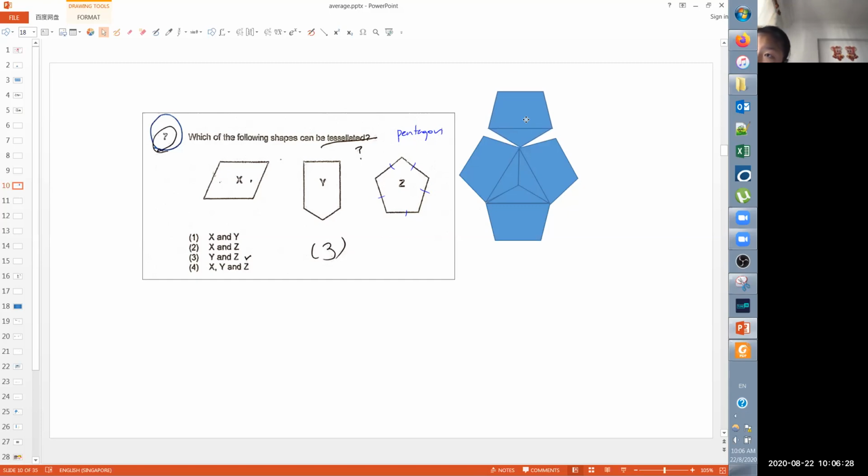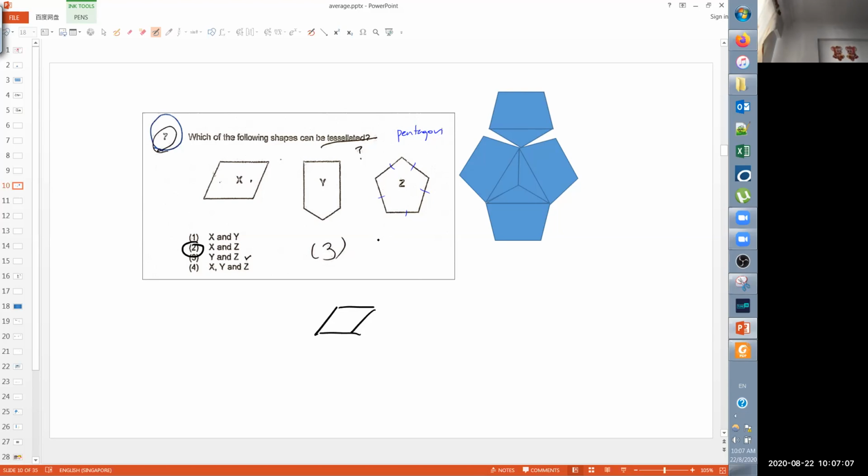Then over here, you face a problem already. So what's the answer here for question 7? Is the answer 2? What was the answer here for question 7?